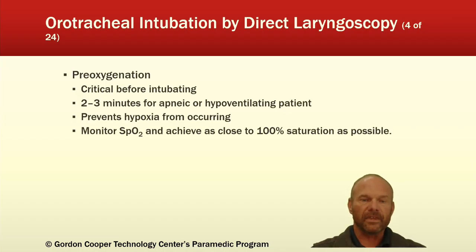During intubation, that patient's going to experience forced apnea where no breathing occurs. The goal is to prevent hypoxia during this period. Of course we want to use pulse ox to monitor O2 levels, aiming for 100% O2 saturation before we start our intubation, and maintain 94% hopefully during our intubation process.